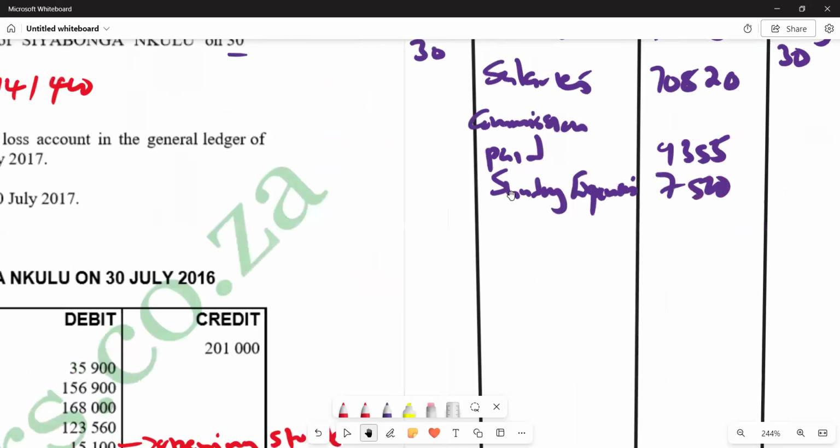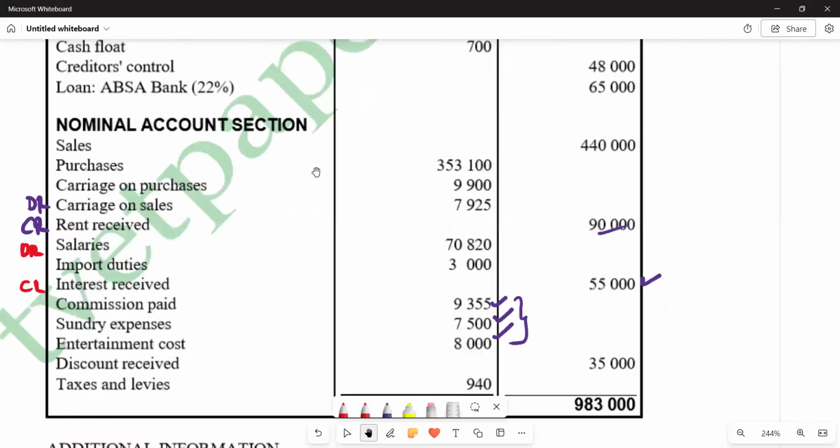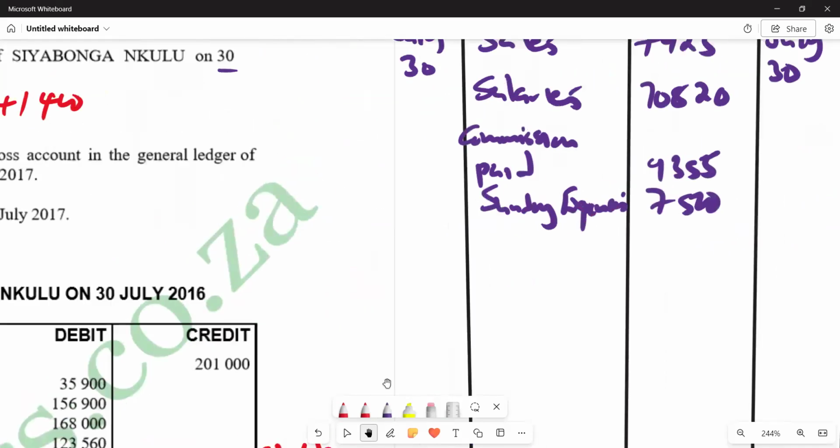After sundry expenses, what do we have? We have entertainment costs, which is here 8,000. So here we've got entertainment. And we are having 8,000.